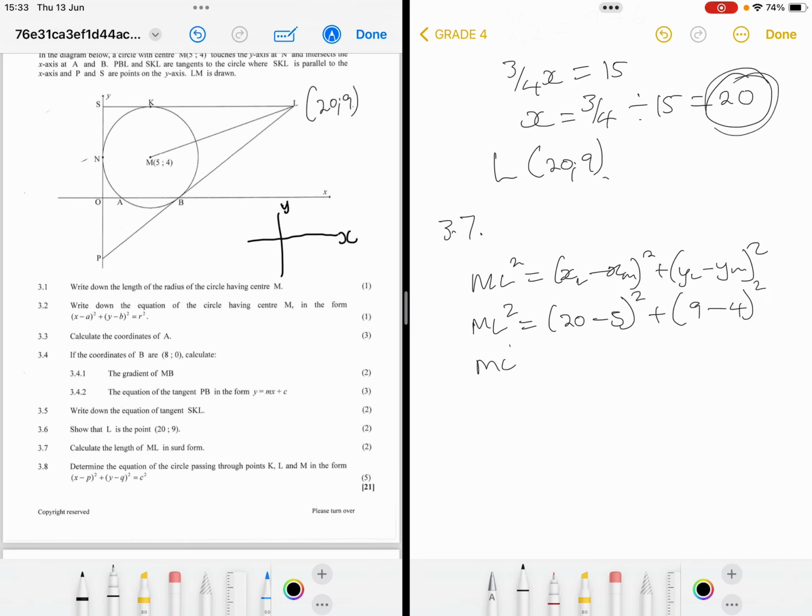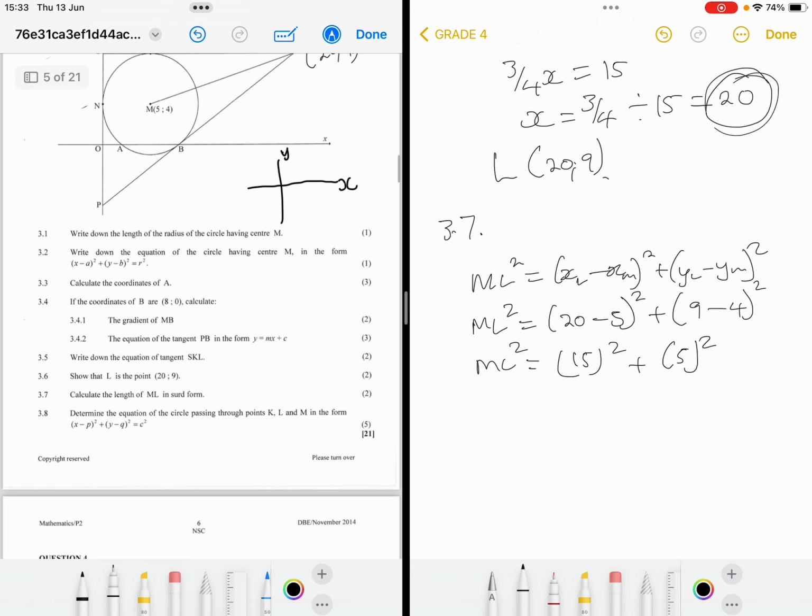So ML squared is equal to 15 squared plus 5 squared. 15 squared will be 225, then plus 25, so it's going to be 250.